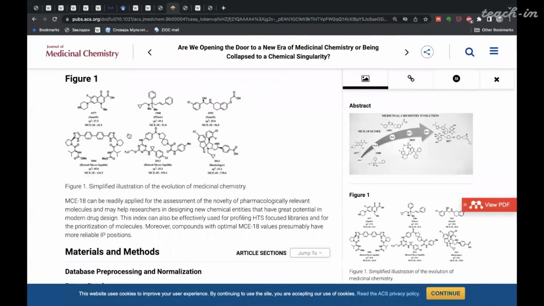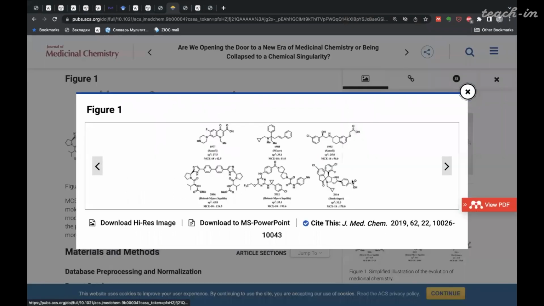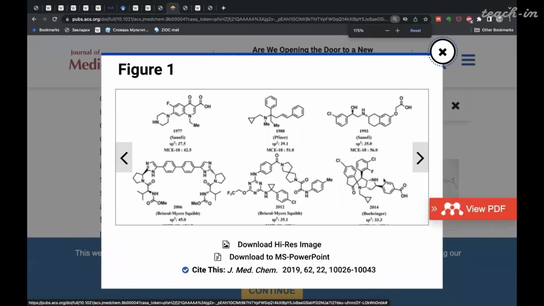So let me see, an example of a spiro point is a structure like this. So a fragment like this. So there are two cycles bound by one carbon atom.